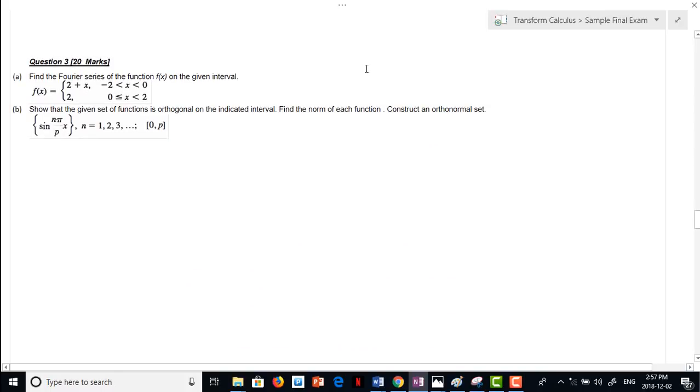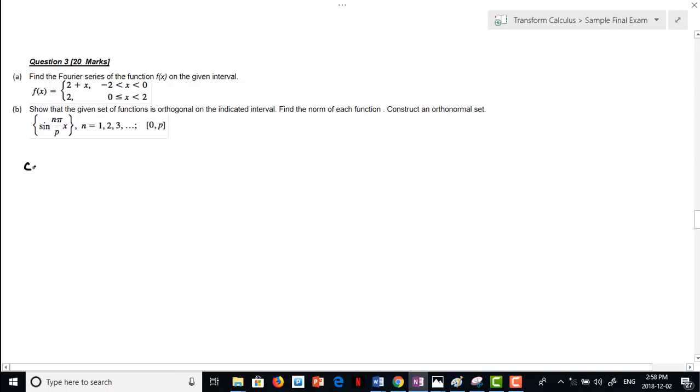Let's go through question number 3. In number 3, we want to find the Fourier series of the function f(x). f(x) is a piecewise function, so it's 2 plus x when x is between minus 2 and 0, and it's equal to 2 when x is between 0 and 2. So we want to find the Fourier series. It's very simple. You have the formula in the formula sheet that you just have to apply.